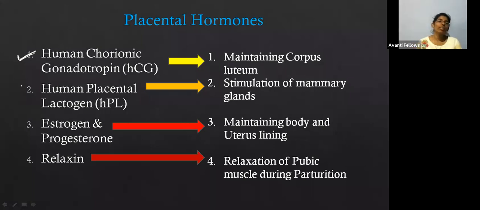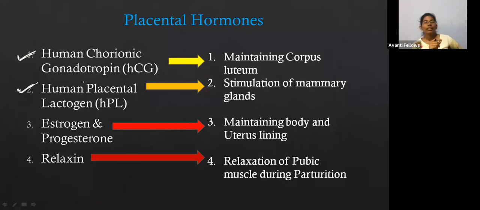Okay. Second one is human placental lactogen. The function of human placental lactogen is that, once placentation has taken place, the mammary glands of the mother are stimulated, because this placenta produces the human placental lactogen.